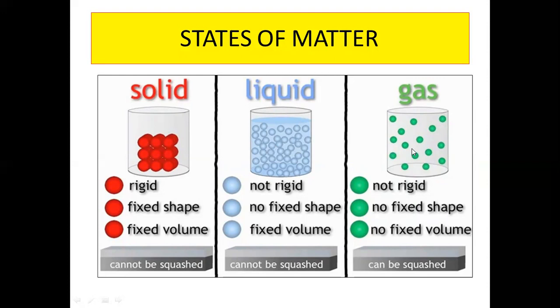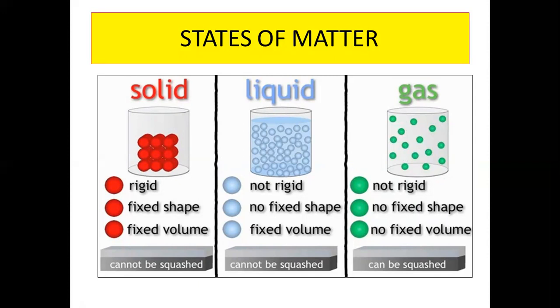Now, while we talk of gas, my dear students, we can easily see in the picture that the molecules in the gas are free to move, right? We can easily see there is a lot of space between the particles of the gas, and the molecules of the gas are free to move in all the directions.